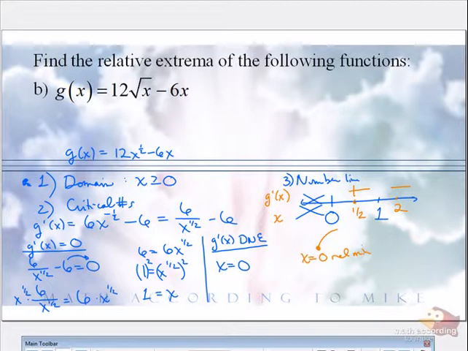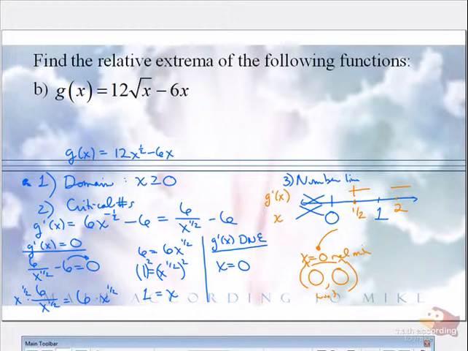If you put 0 back into the original function without a calculator, what is 12 times 0 minus 6 times 0? 0. So where exactly is your relative minimum? 0, 0, relative min. Very good. It always looks like an owl when I draw it. There we go.